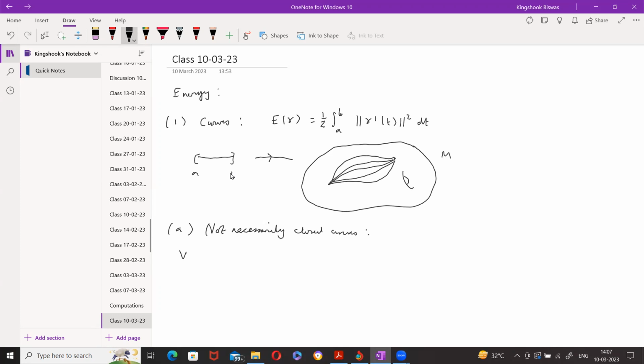Then the variations that you look at, gamma s, mod s less than epsilon, have fixed endpoints.